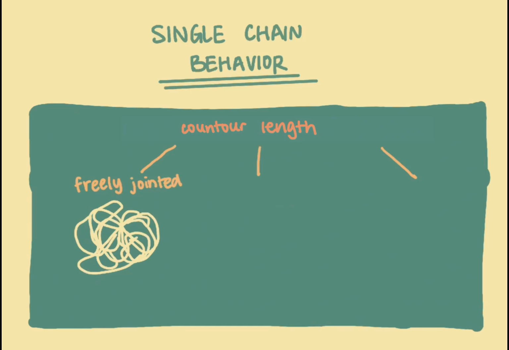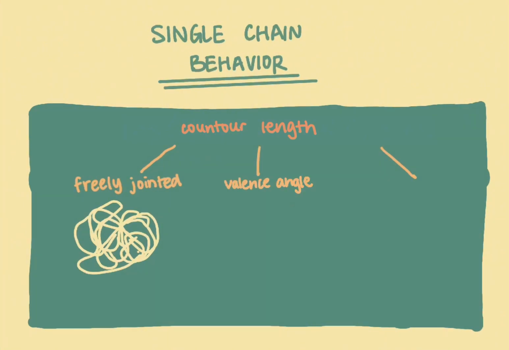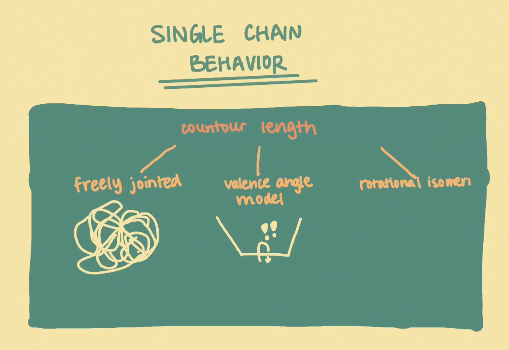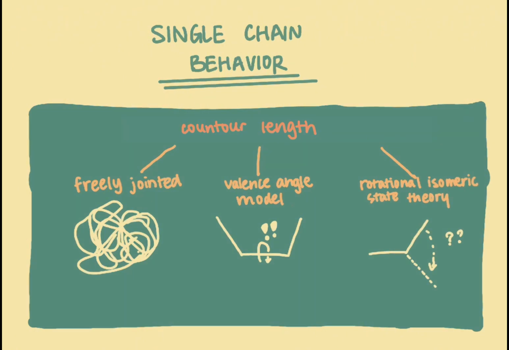If we consider more realistic cases, we will have the valence angle model that takes into account the bond angles and hybridization, because repulsions in chemical components can restrict how a polymer folds up. Also, there is the rotational isomeric state theory, where bond rotations are taken into account.